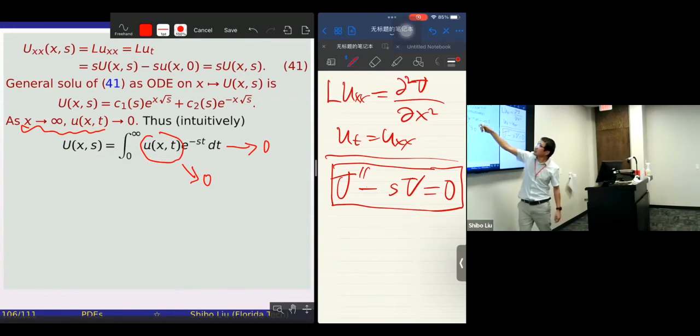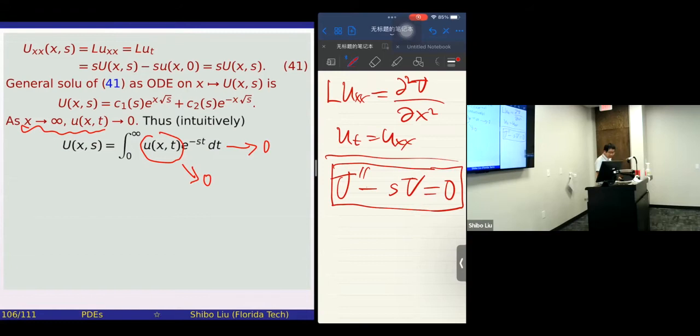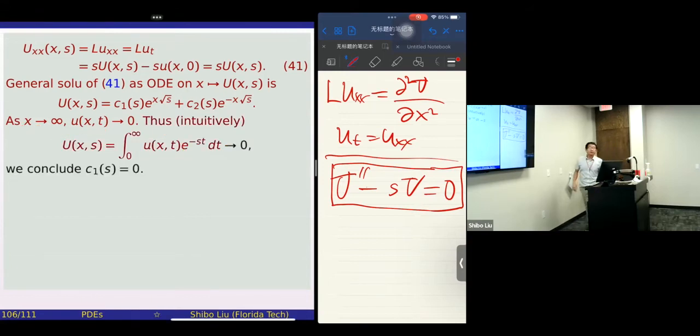Using this, we see that C1 has to be 0. Because if C1 is not 0, when x goes to positive infinity, this exponential will go to positive infinity. This solution will be unbounded and could not converge to 0. This forces C1 to be 0. So C1 is 0.